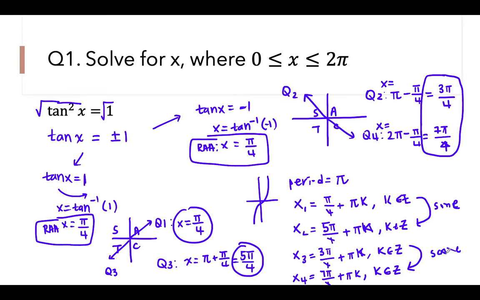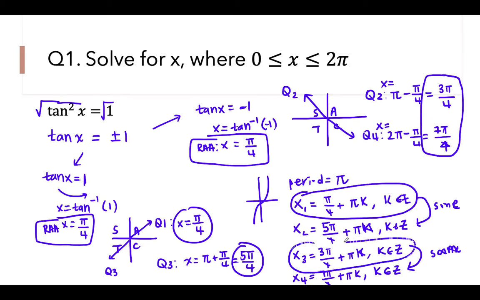So you could just say there are 2 types of answer. x could be pi over 4, or it could be 3 pi over 4, because the other 2 angles represent exactly the same position in the cycle.